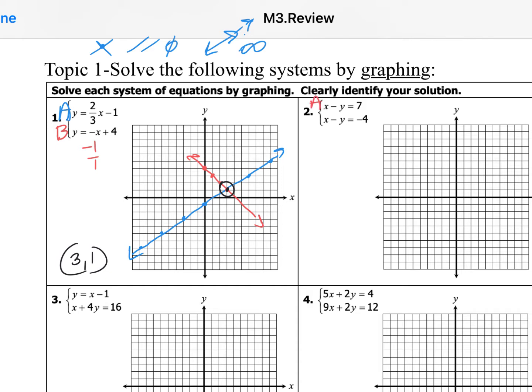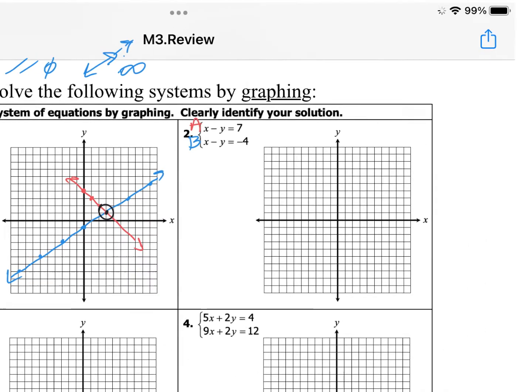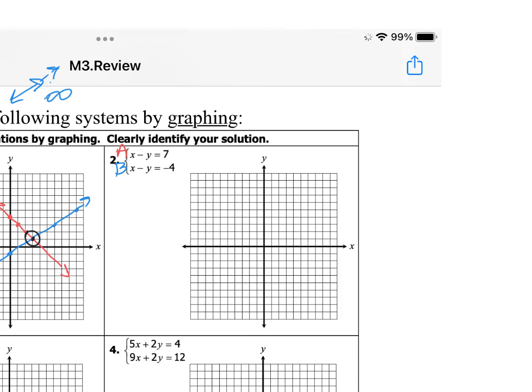All right, number two, function A, function B. Now this one I have to do some work, not my favorite, but also I noticed something about these. I noticed that they're the exact same function, except the constant on the right is different. So my prediction right now is that this is going to be no solution, because when I move x and solve for y, these equations are going to have the same slope but with different y-intercepts.